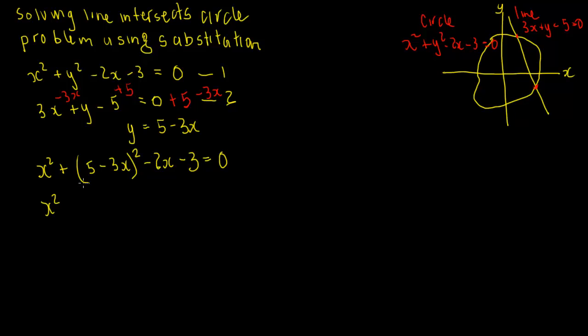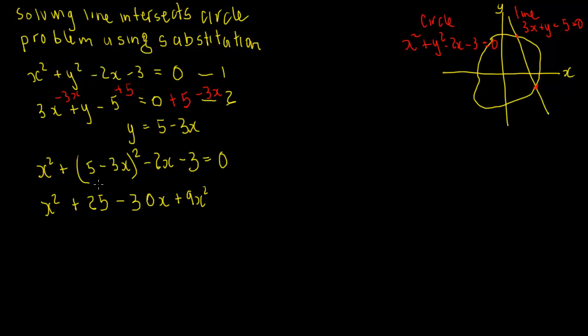So we get x squared plus 5 5s are 25, minus 30x. 5 times 3x would be 15x, and that would be twice, so it's minus 30x, and that would be plus 9x squared.